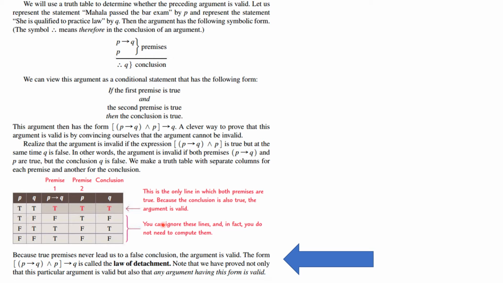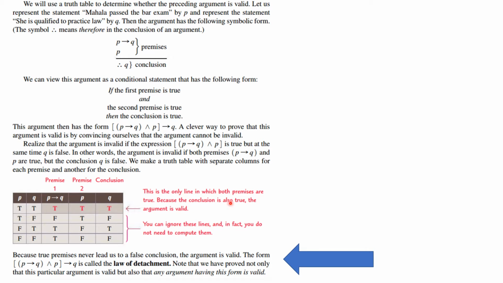So what we're going to do is cross out everywhere where one of these premises is not true. We cross out this one because the if P then Q is not true, and we also cross out this one because P is not true, and we also cross out this one because they're both not true.